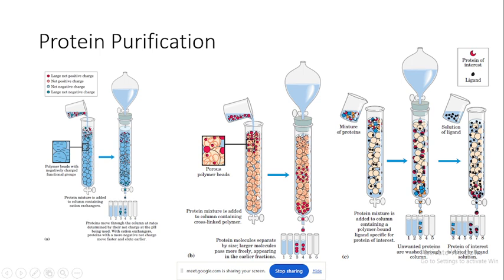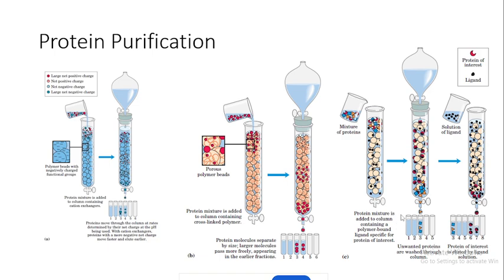So for their case the path length will be shortened. So the high molecular weight or larger molecules will pass more freely. First they will come, and after that the smaller molecules will come. So that is gel filtration chromatography, where you can differentiate based on the size.